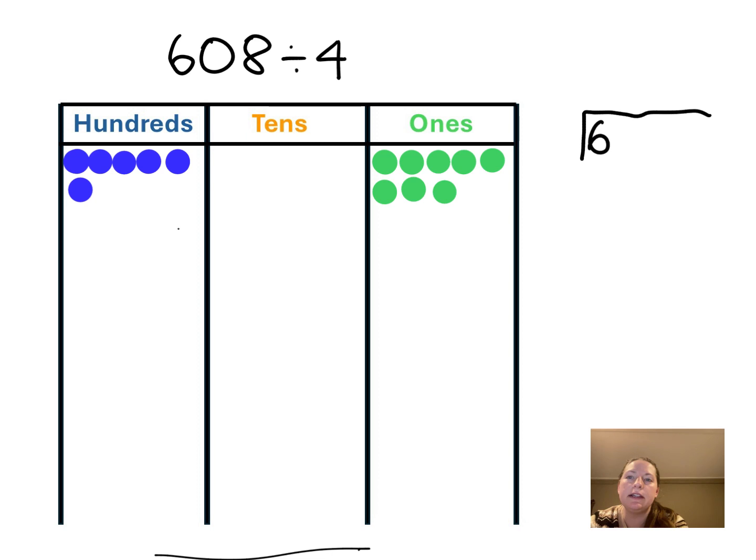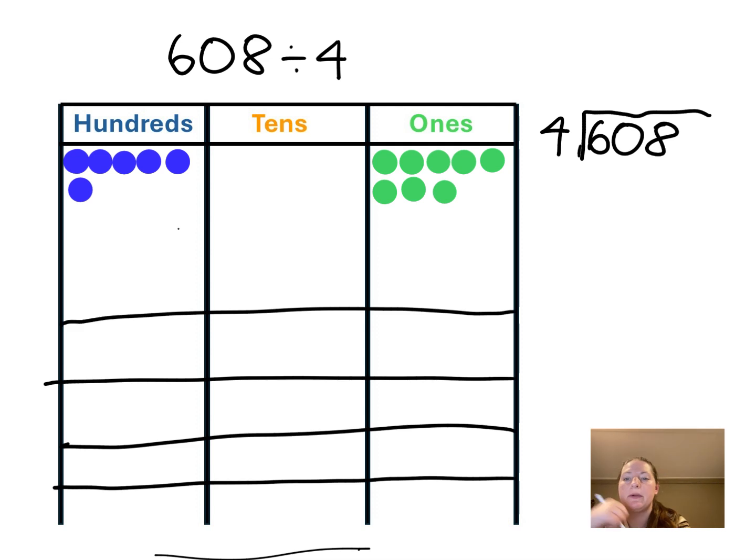We place our dividend, and then our divisor on the outside. All right, and now let's separate the bottom of our place value chart into 4 rows so that we can distribute. All right, so now what I want you to do is pause the video, work on the problem yourself, and then make sure you recheck it as well, and then we're going to come back and talk about it.